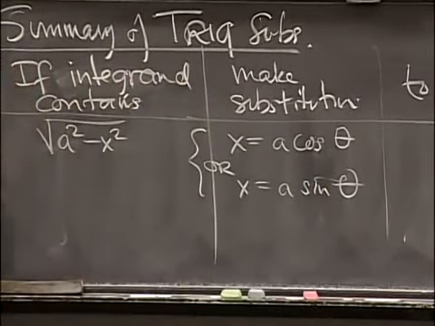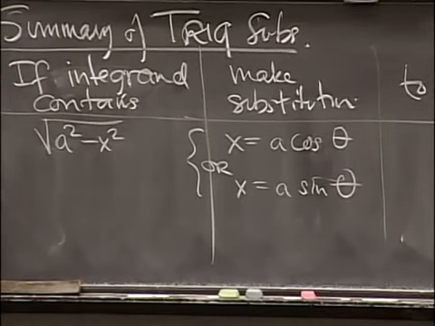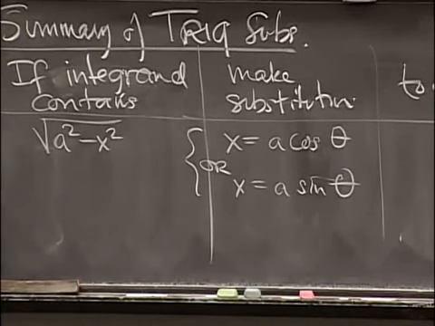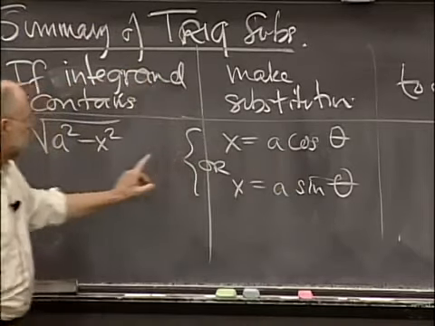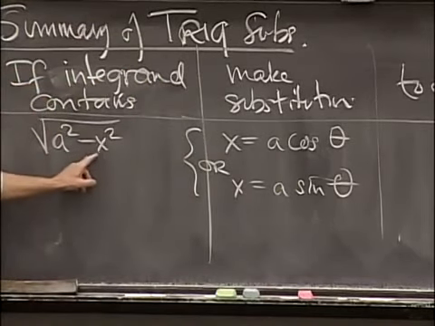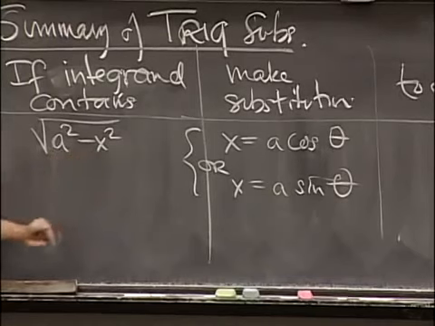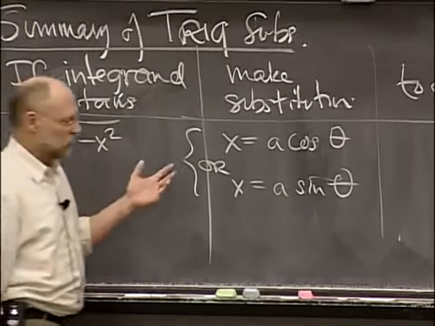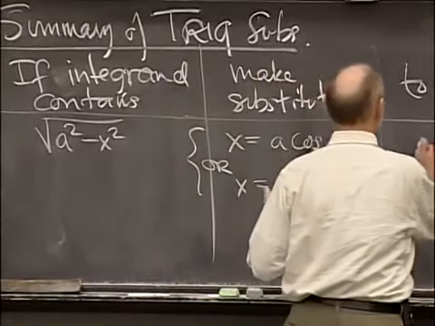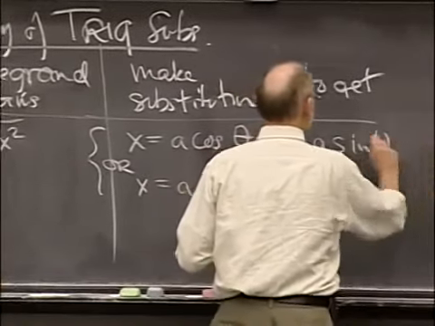Either one works just as well, and there's no way to prefer one over the other. And when you make this substitution, x is equal to a times the cosine of theta, you get a squared minus a squared cosine squared theta. 1 minus cosine squared is the sine squared, and so you get a sine of theta.